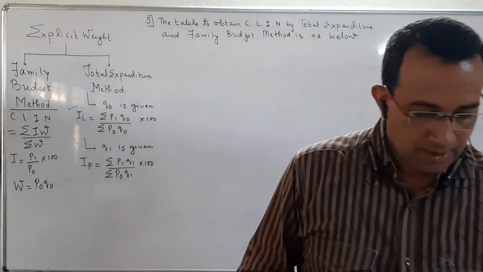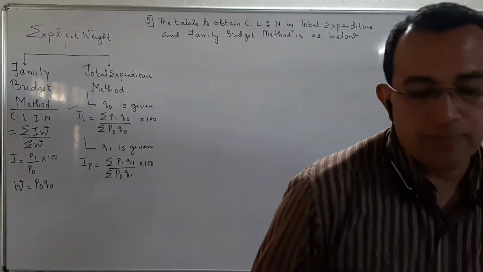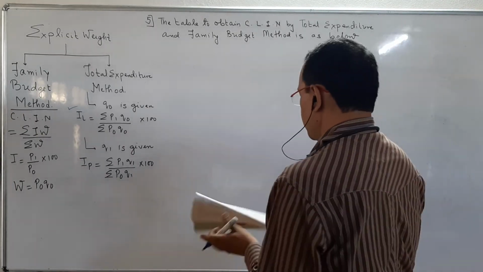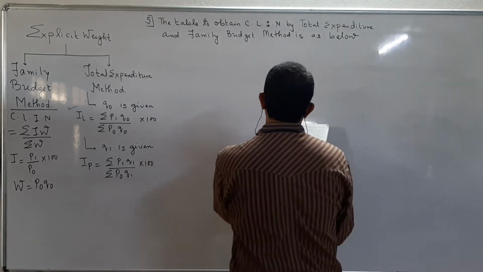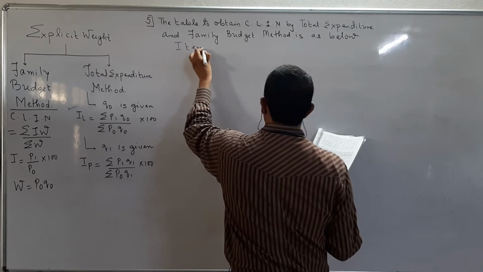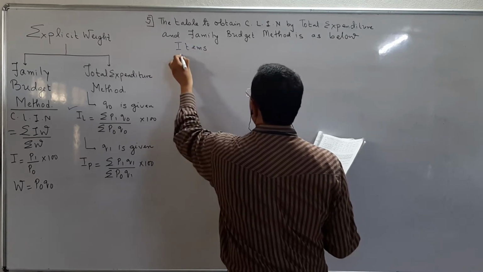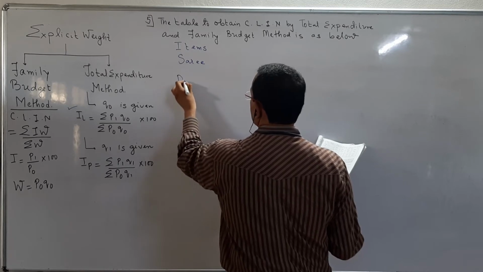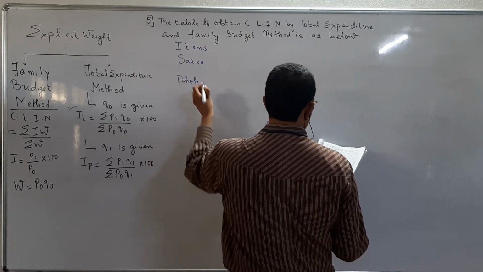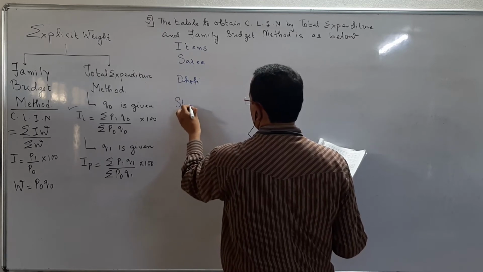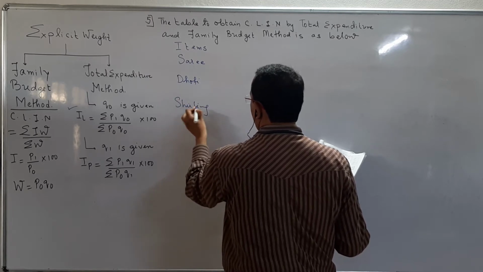Now, the unit is directly given per piece, so it is very easy, students. This question becomes very easy. Per unit items are sari, then dhoti, then shirting, and other.